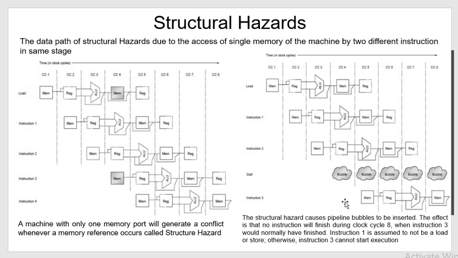So we will not get any output at clock cycle number 8. Okay, so this particular diagram is showing the detailed structural hazard with the detailed data path, and showing the solution for the structural hazard as well by introducing a stall of 1 clock cycle.